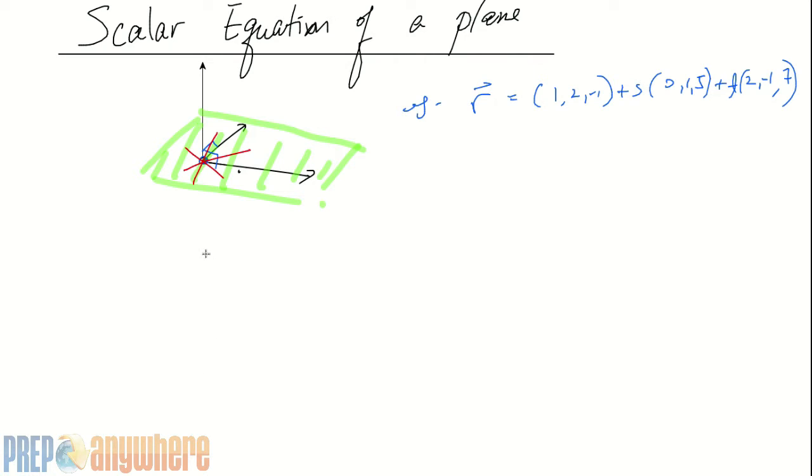Okay. We call this the normal vector, normal to the plane this time. If this vector right here is perpendicular to this normal vector, then it's on the plane.